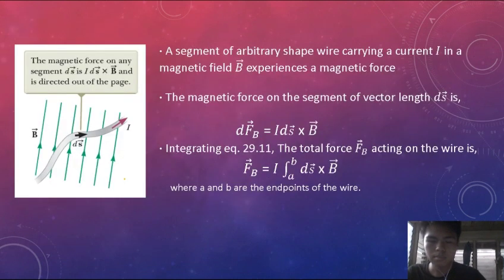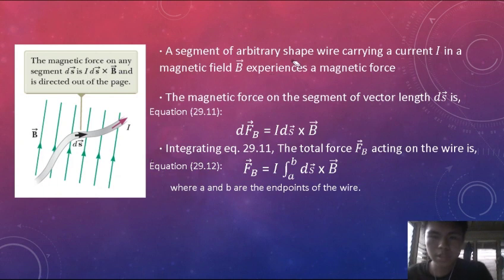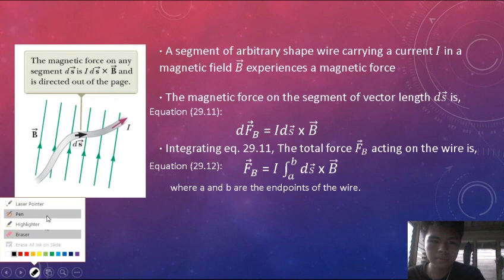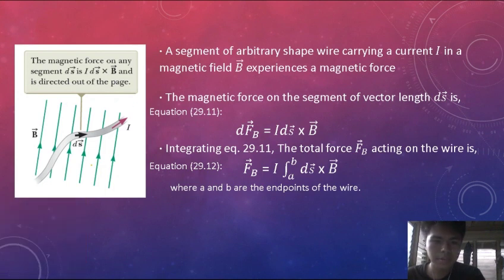So next, we have a segment of arbitrary shaped wire carrying a current I in a uniform magnetic field B, which experiences a magnetic force. The magnetic force on the segment of vector length ds is dF_B equals I ds times magnetic field B, going back to our equation.